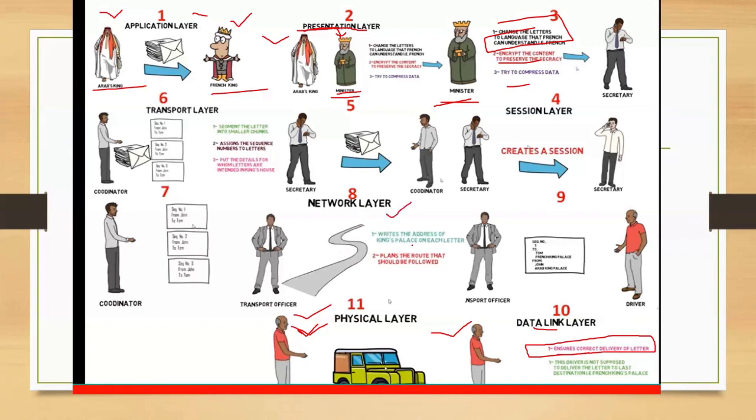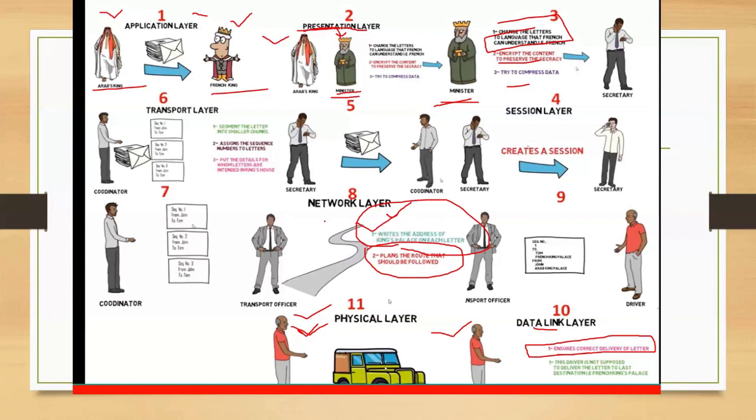In the network layer, they will write the address of the network to which the data has to be sent, and they will plan the route that should be followed. That is the work of the network layer. Now the message is in the network layer phase. And the next layer is the transport layer.